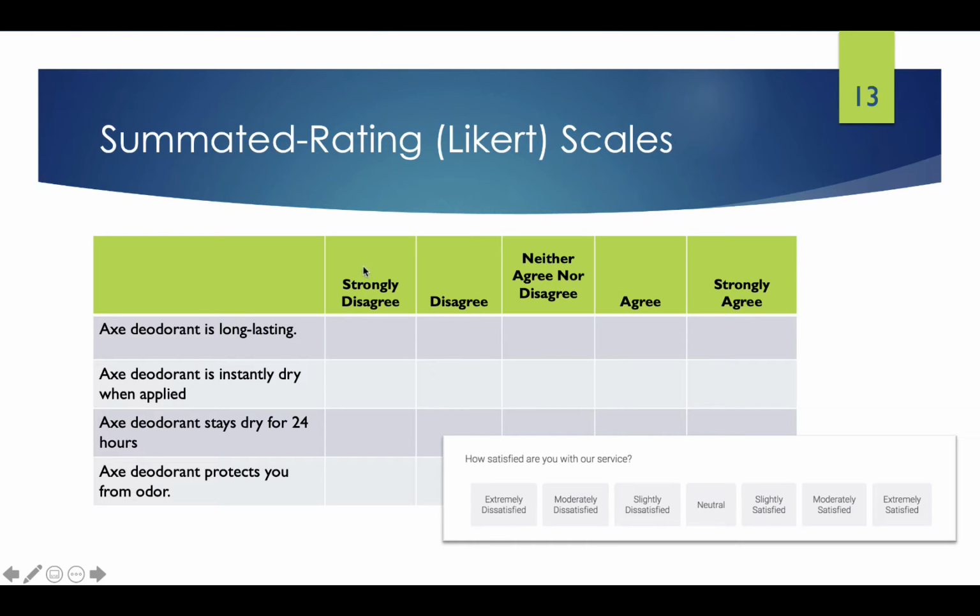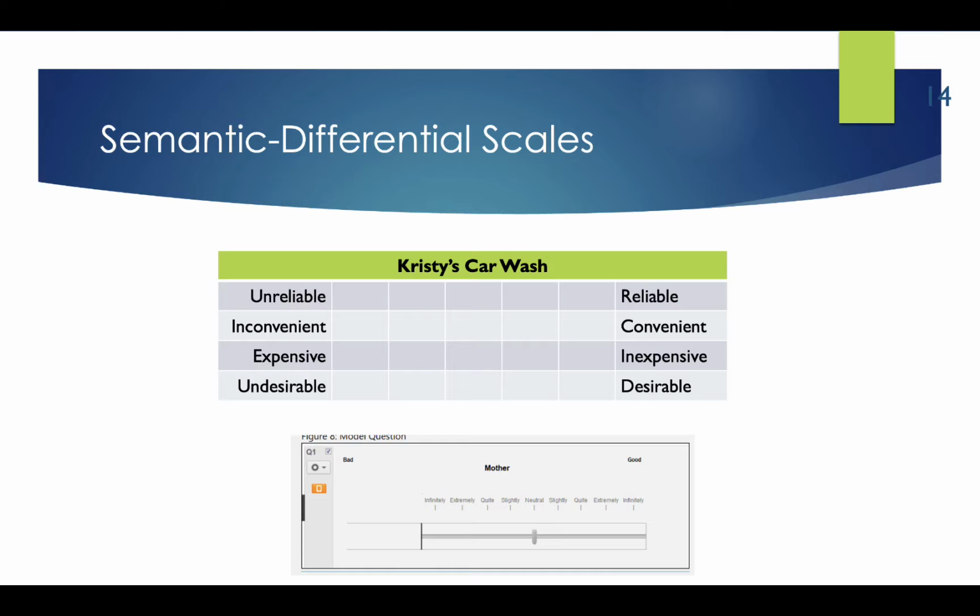This would be a 1, 2, 3, 4, 5-point Likert scale. Many marketers prefer a 7-point scale, which is 1, 2, 3, 4, 5, 6, 7. I actually prefer using a 5-point.